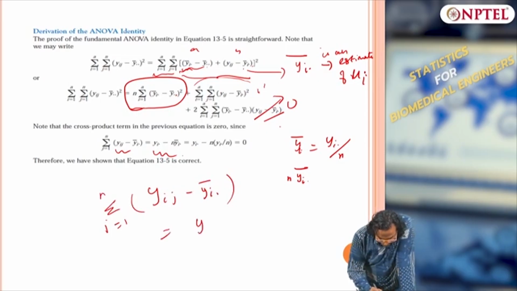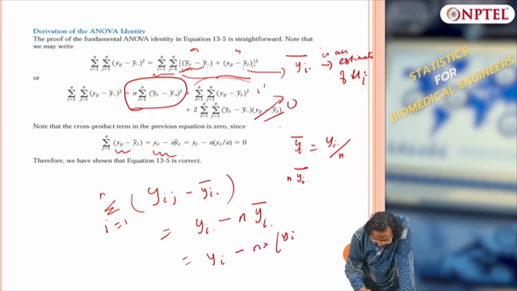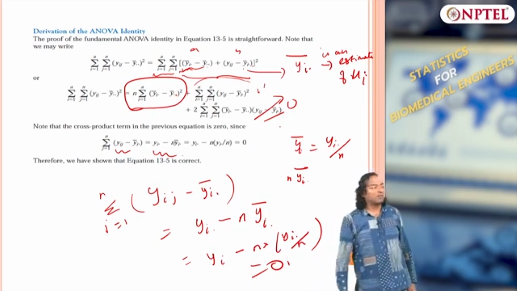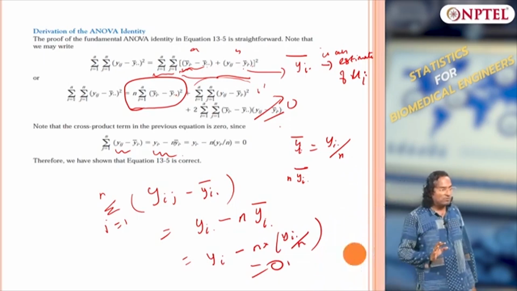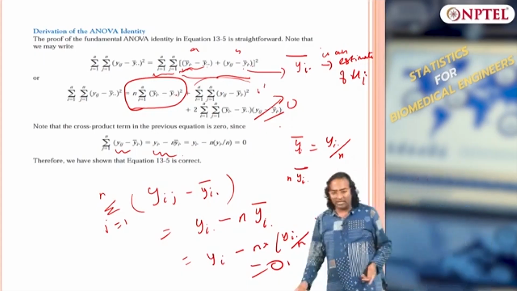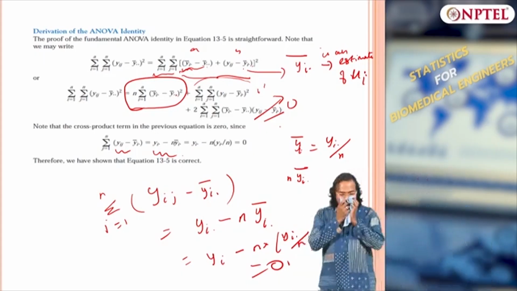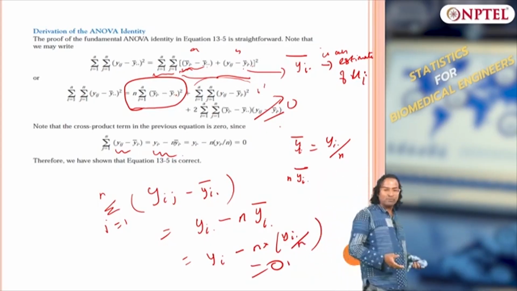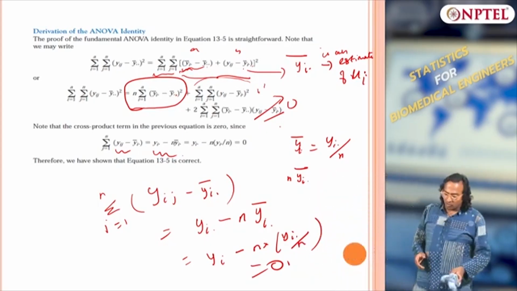That is nothing but yi dot minus n into yi dot divided by n. So this equals 0. So the cross term goes to 0, clear? One of the terms goes to 0, so the entire term goes to 0. So what am I left with?